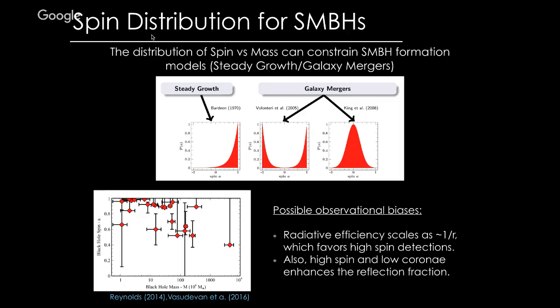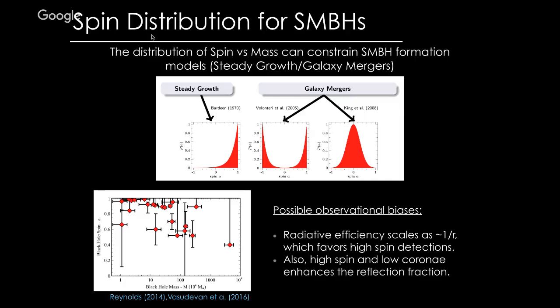However, this already shows something interesting, which is that most of the spins, and actually the better measured ones, are closer towards the maximum value. So it means that most of the black holes we see, the supermassive black holes, are actually rotating close to their maximum value. And this is important because this distribution can help to constrain theoretical models for the formation and evolution of supermassive black holes, because different models are based on different prescriptions, whether black holes grow by steady growth or by mergers, and whether these mergers are chaotic or hierarchical.